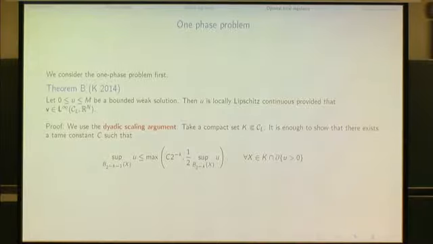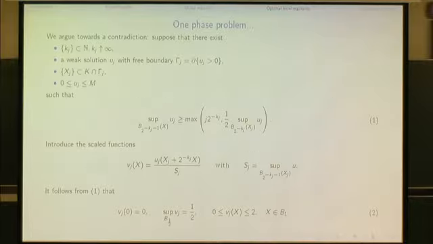And the argument is based on the so-called dyadic scaling argument. In other words, you're trying to show linear growth away from the free boundary in some discrete form. So obviously if you have this inequality, then that gives you linear growth away from the free boundary. And if you want to prove this, then you argue towards a contradiction.